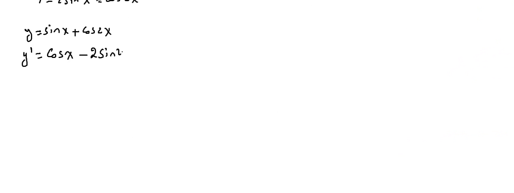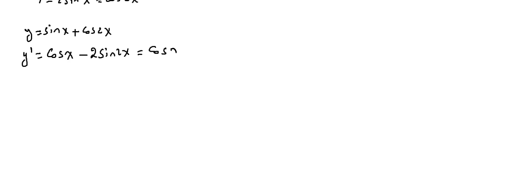To the derivative. Y, again, is sine x plus cosine 2x. We need to find the derivative. What is the derivative of sine x? It's cosine x. And what is the derivative of cosine 2x? It's minus 2 sine 2x, right? We can change sine 2x to 2 sine x cosine x.